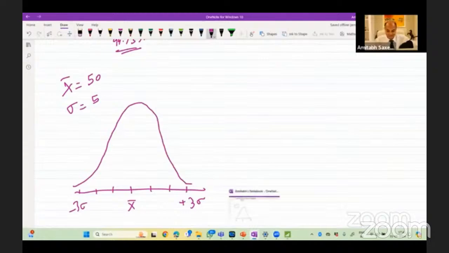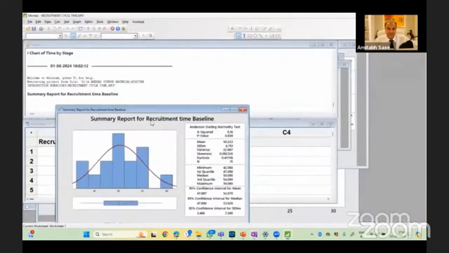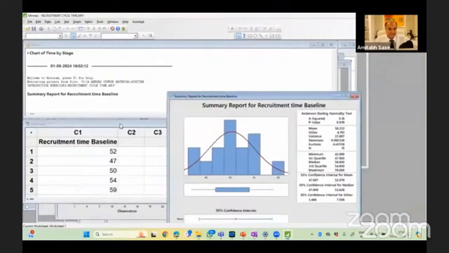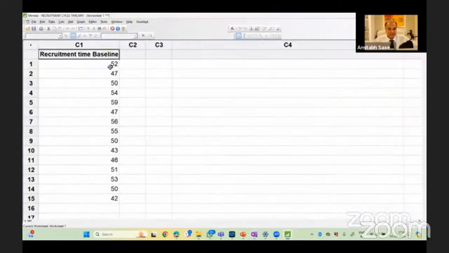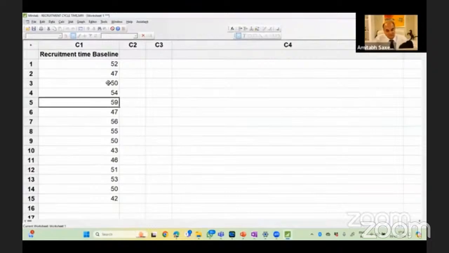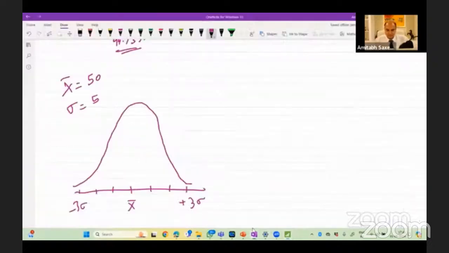Let us look at this. These were the samples: 52, 47, 50. These were the recruitments. But when we did the average and standard deviation, it will tell me, so let us try to guess those values.